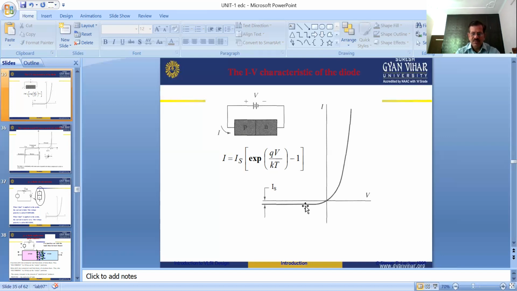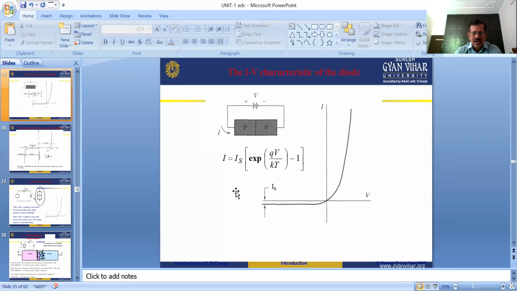This current is also called the reverse saturation current, and its value is very small, in the range of nanoamperes. In the forward bias condition, the diode current is in the range of milliamperes. So there is a very big difference between forward bias current and reverse bias current.